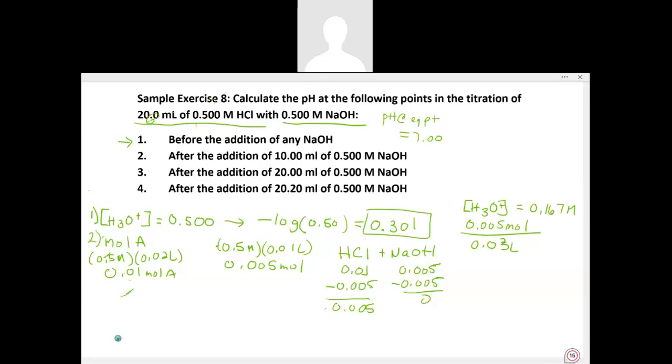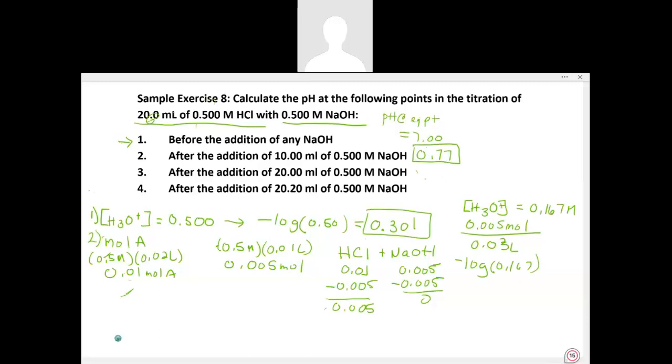So now when I take the negative log of that, I'm still going to have a fairly low pH, but now it's around 0.77. So we've gone from 0.3 up to 0.77.